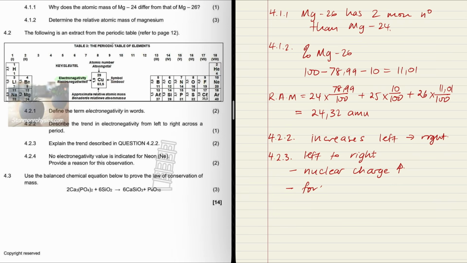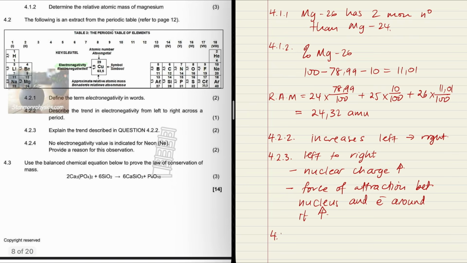So the force of attraction between the nucleus and electrons around it increases. That could be electrons directly on that atom, in the orbitals around it, or electrons that are in other atoms.